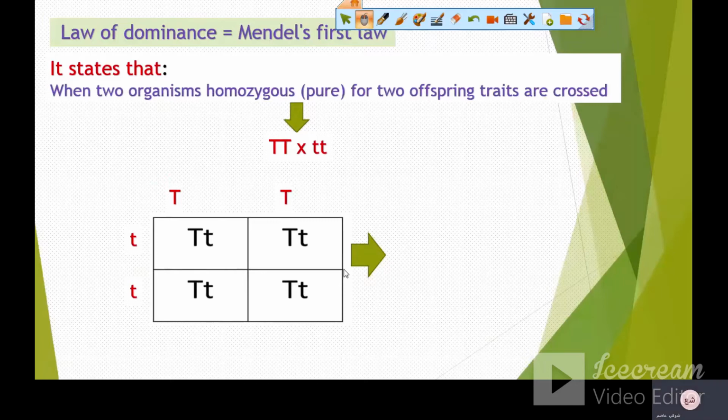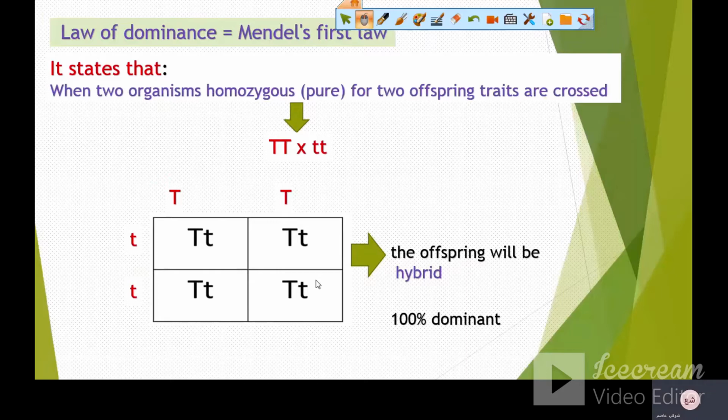Guys, are they dominant or recessive? Look at the dominant allele. So all of them, two are dominant. So the offsprings will be hybrid and will be 100% dominant too.